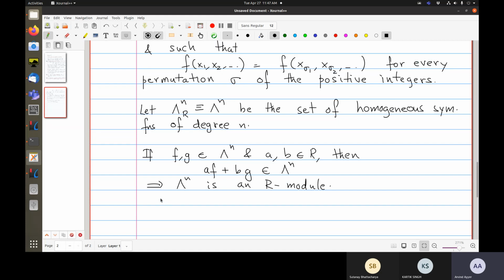And further, if R is Q, then you get a vector space. If F belongs to lambda m and G belongs to lambda n, then FG clearly belongs to lambda m plus n because of the degree.